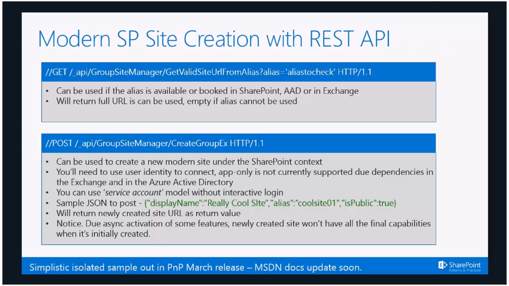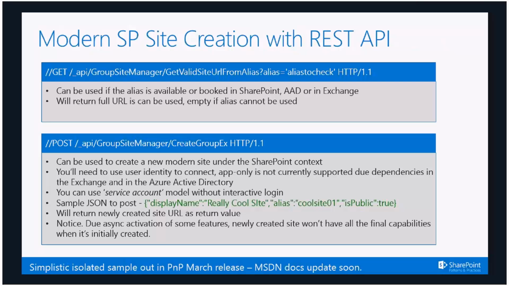And the key difference between this approach and the previous approach, which we showed back in November, is that previously we said that you're able to create modern sites by creating an Office 365 group using a Microsoft Graph endpoint.